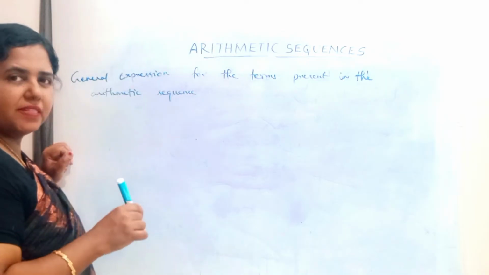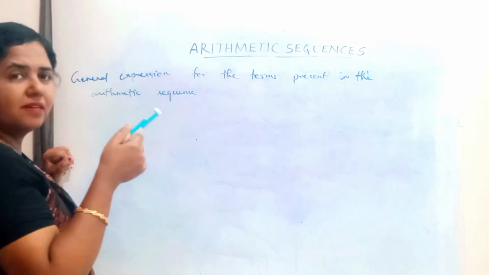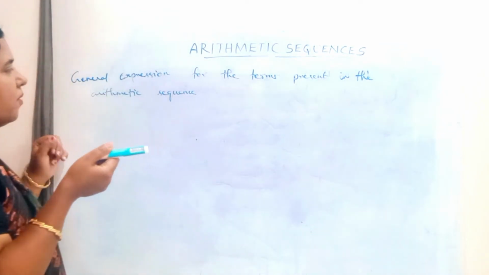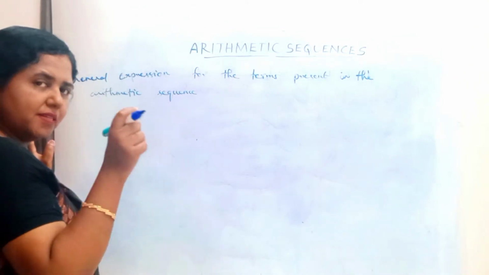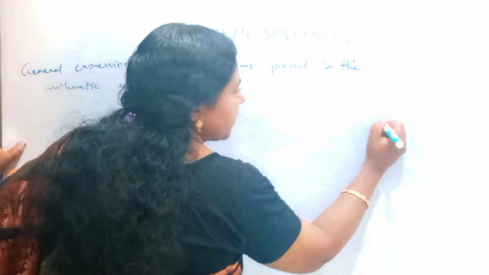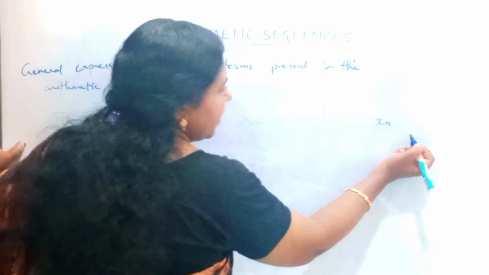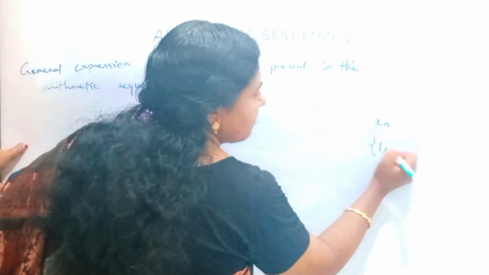Next we can see what is the general expression for the terms present in the arithmetic sequence. Already we have seen in the previous video, when we consider a general sequence, the expression for the terms we have considered as xn.